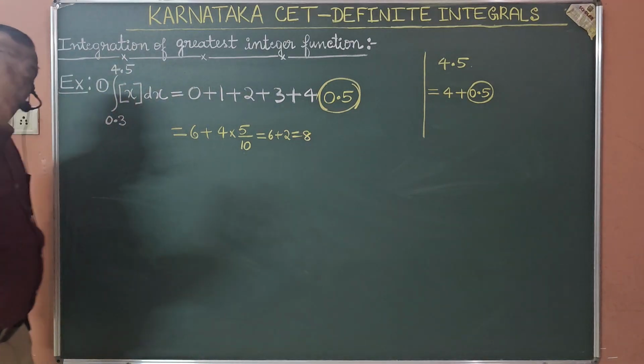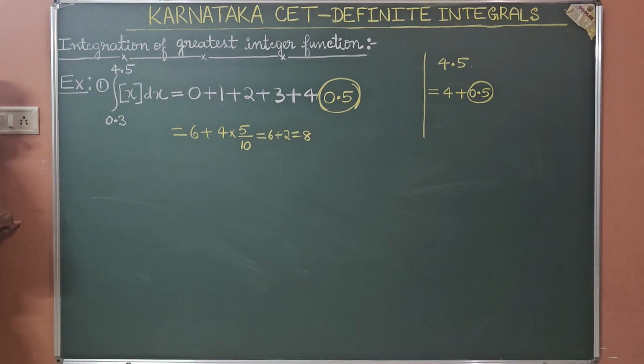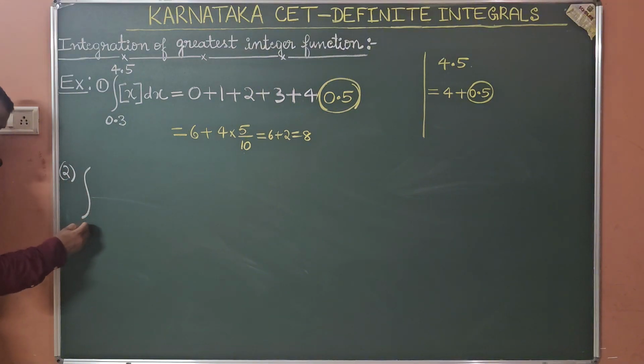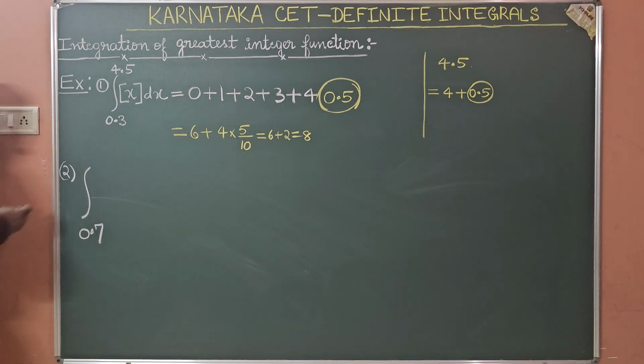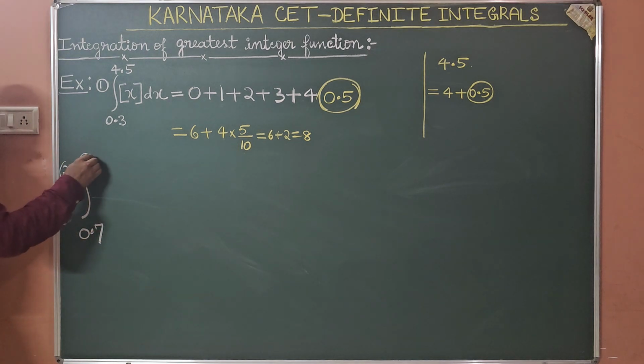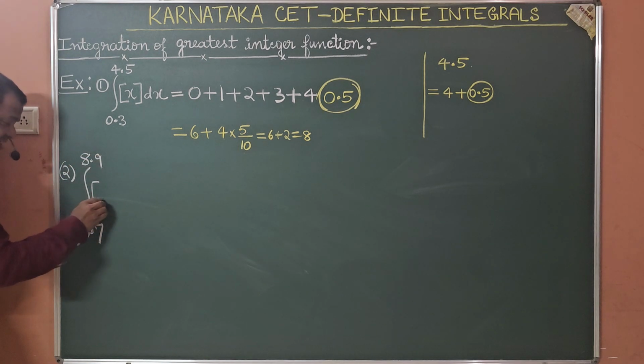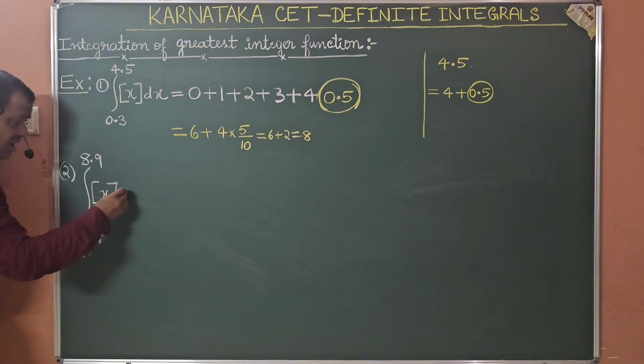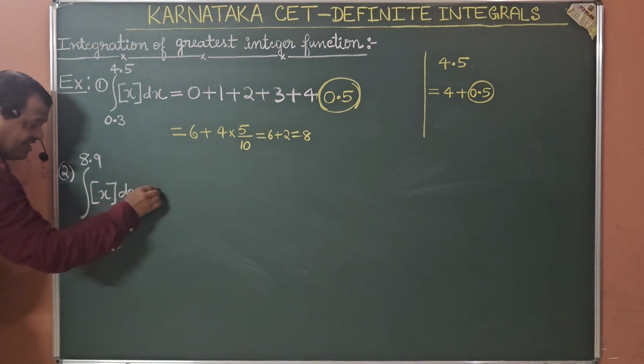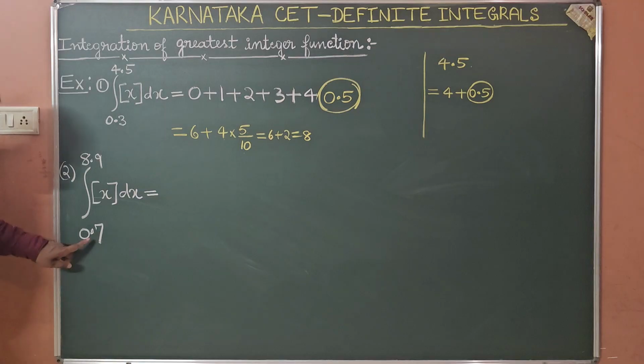I will show you one more exercise of the same variety where the lower limit is, assume, 0.7 and the upper limit is, assume, 8.9 of the greatest integer function of x dx. What I said, look at the lower limit 0.7.